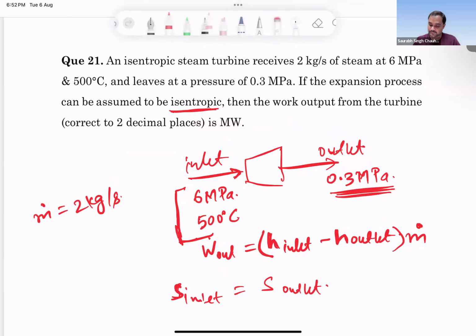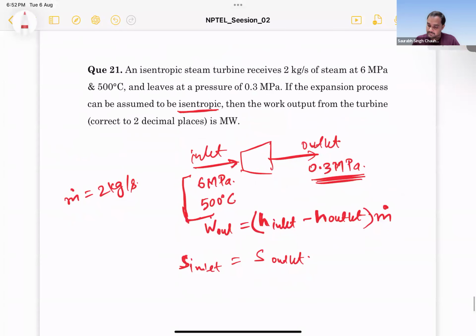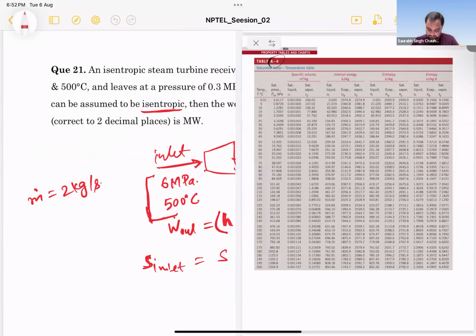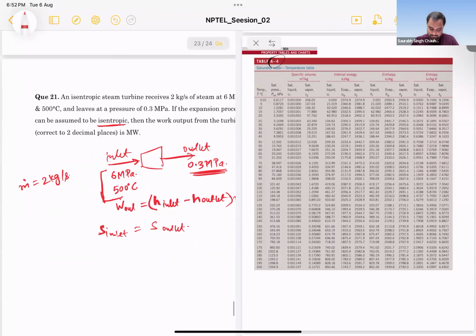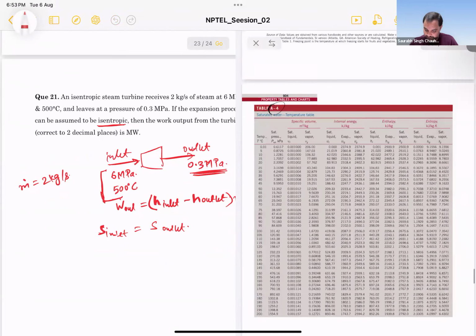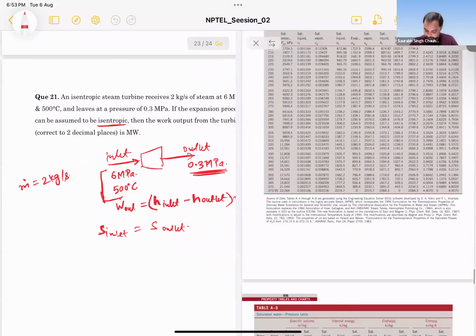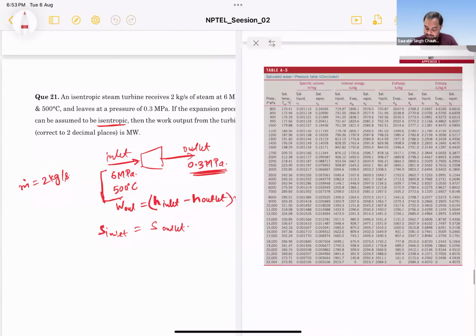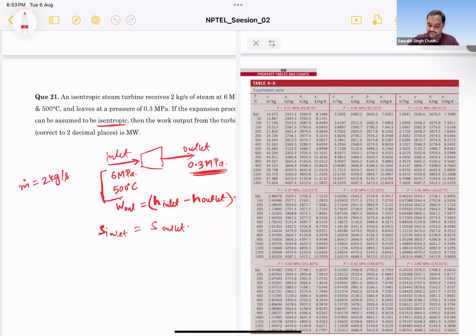I will open some steam table and we'll find out this value. We'll have to use the superheated table.